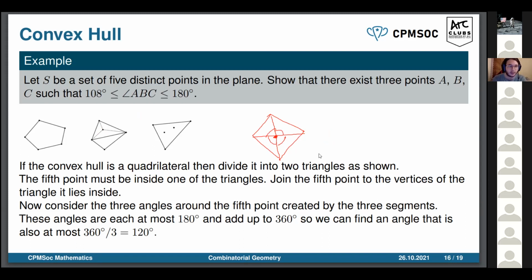Which means that our angle sum is going to, so how do I go? So we've got this point here. Now we can't deal with the angle sum here because it could be the case that the angles around there are 90 degrees, right? But we know that at least one of them is at most 90 degrees.